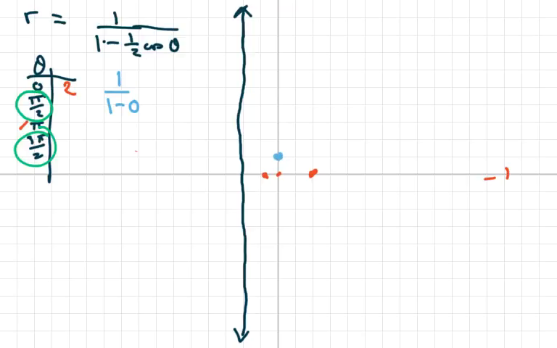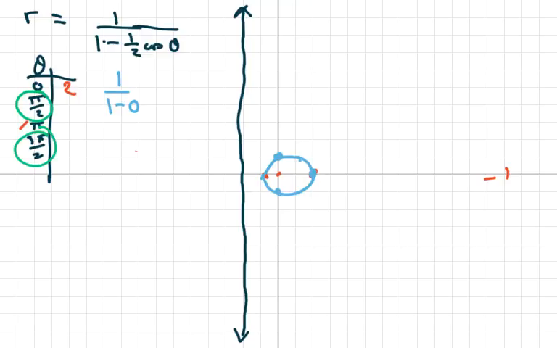And also for 3 pi over 2, it's going to be 1. So I'm going to come in here from this vertex, go in a little bit over here and do the same thing. It's going to be more like close to a circle, isn't it? Okay, so there it is.